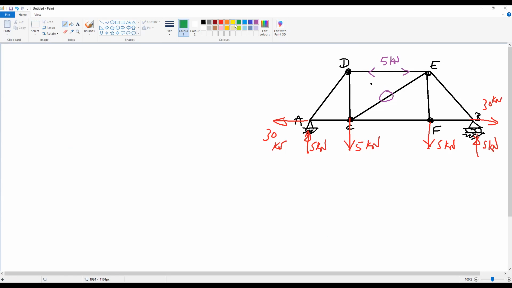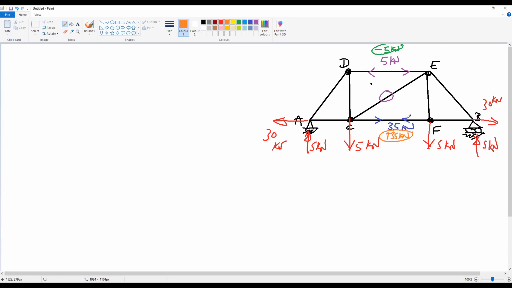Compression. You can represent it another way: you can put negative kilonewton instead of the arrows. What about CF? Member CF we found is in tension, and the value is 35 kilonewton. Another way to represent it is positive 35 kilonewton.